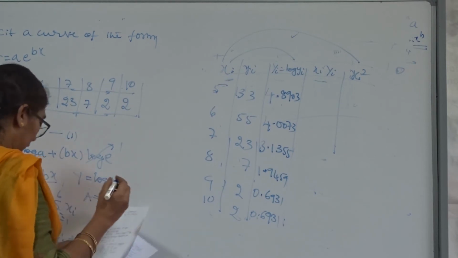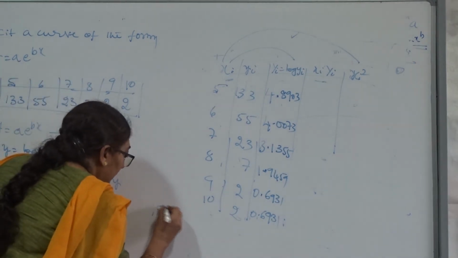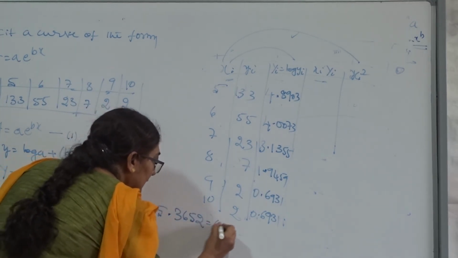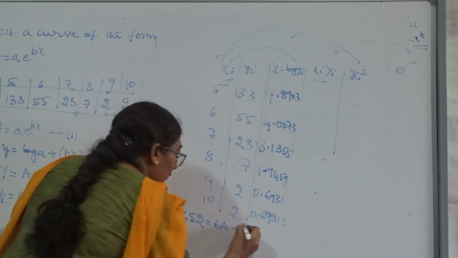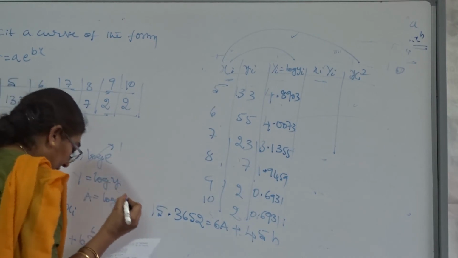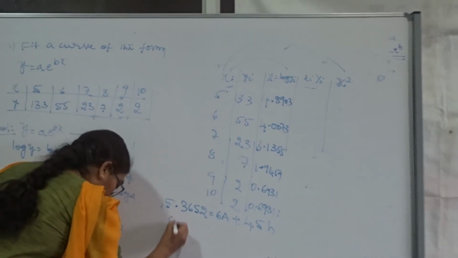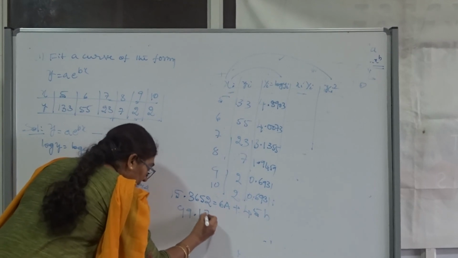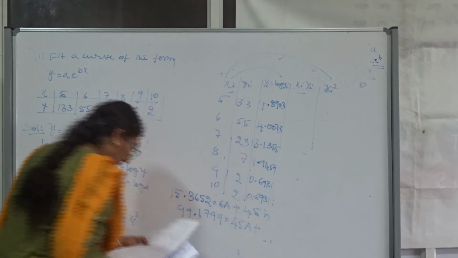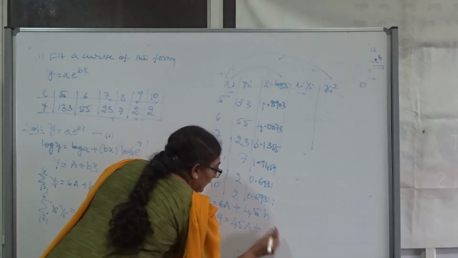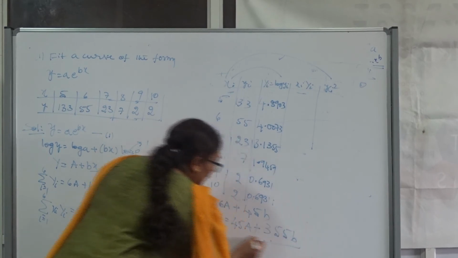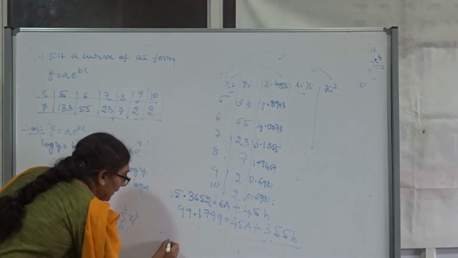After you substitute the values, we get the equations: 15.3652 equals 6A plus 45b, and sigma xi capital Yi is 99.1799 equals 45A plus 355b. You solve these equations, and we get capital A.